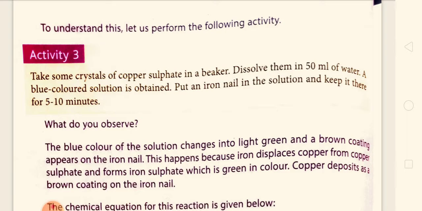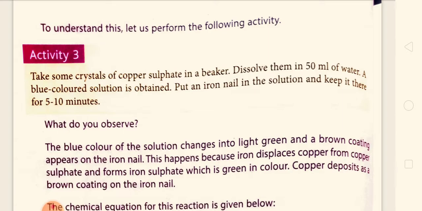Copper sulfate gets dissolved in water in the beaker, and we dip the clean iron nails into it and leave it for 5 to 6 hours because this reaction is very slow. So after 5 to 6 hours we will observe.